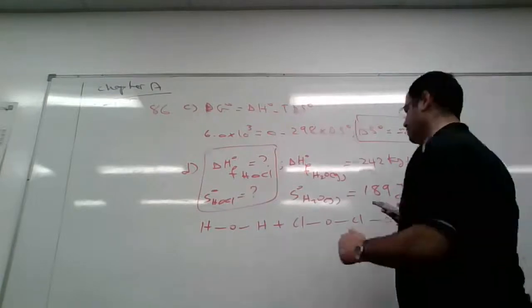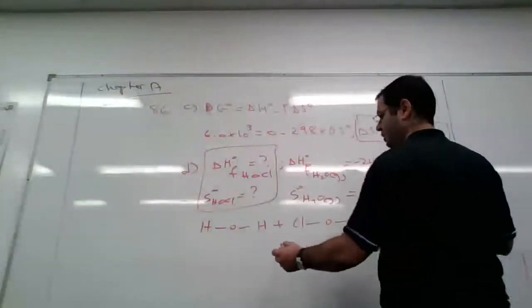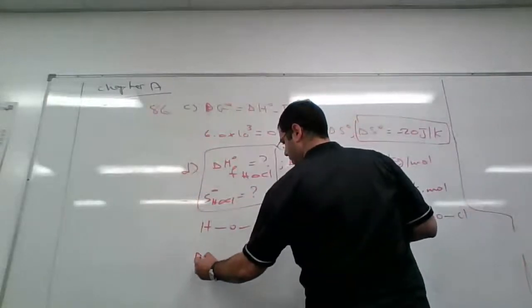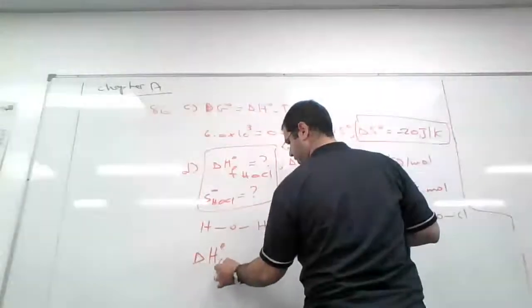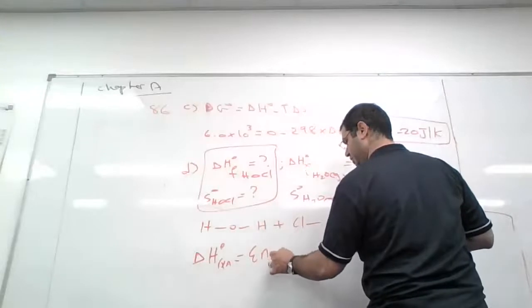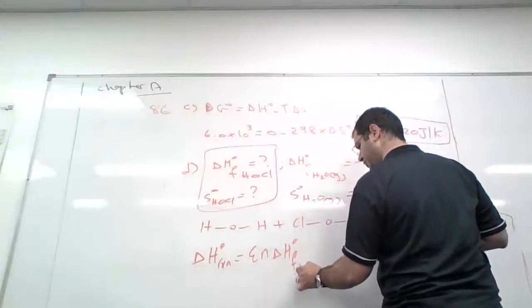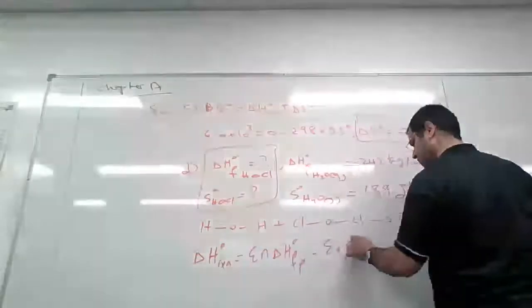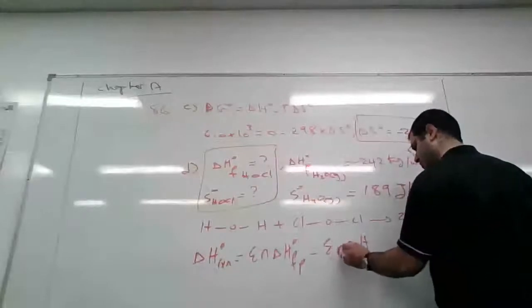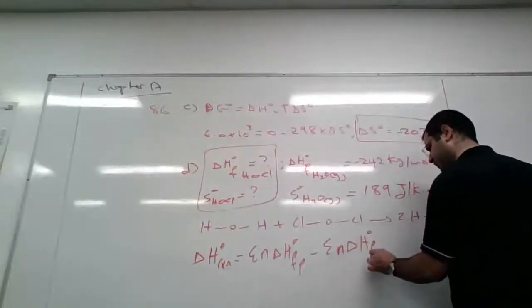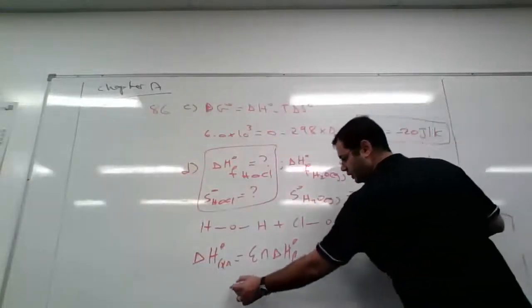It's given in the exercise. So in here, what's the rule to be applied? The delta H for the reaction is equal to the sum of n times delta H formation of products minus the sum of n times delta H formation of reactants. So you get what?